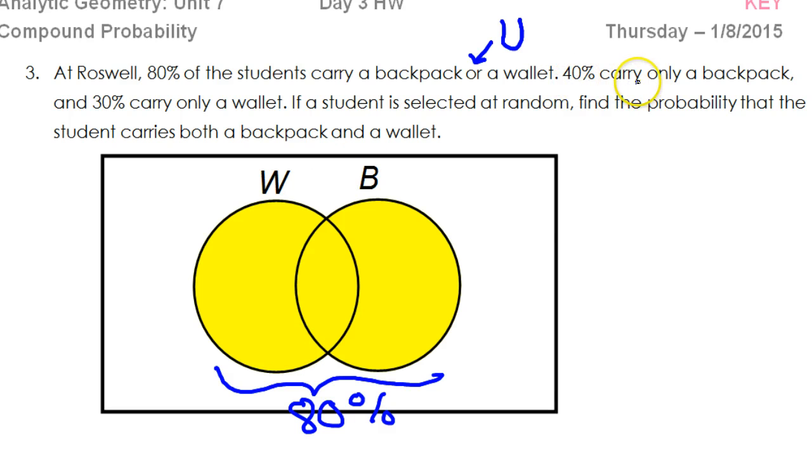40% carry only a backpack. Remember how I was careful to put the percentage on the outside before, because the percentage represented the whole circle, so I didn't want to put it inside where it looked like it was just this part. Well, this time it's the opposite, because this time 40% carry only a backpack.